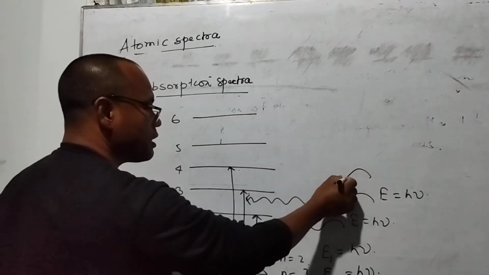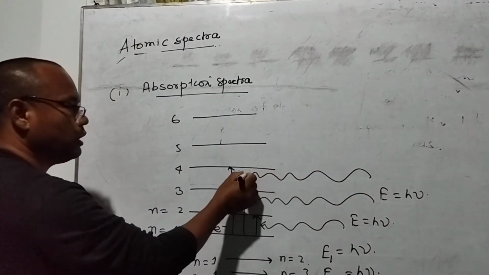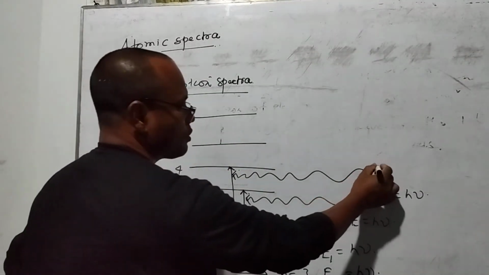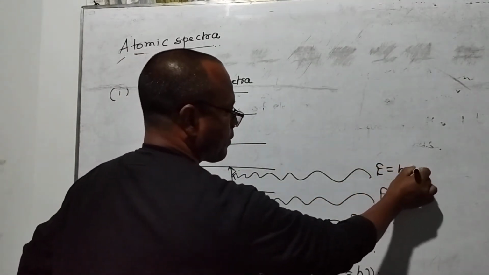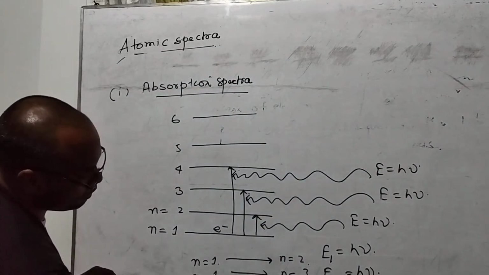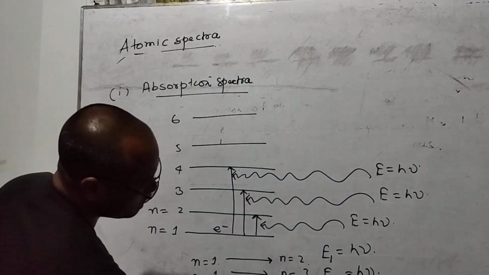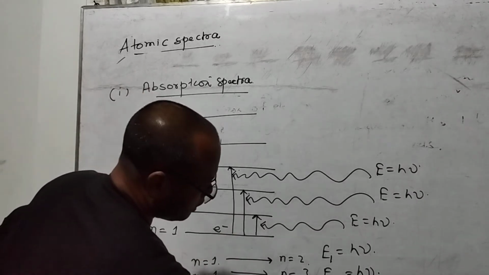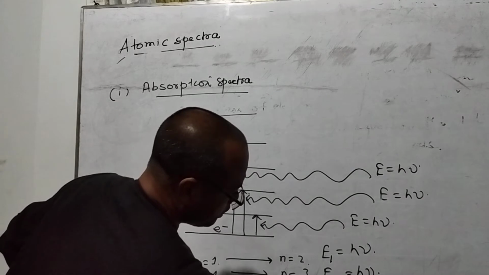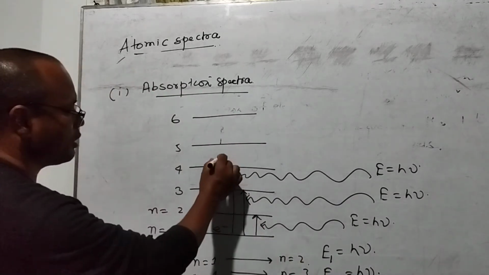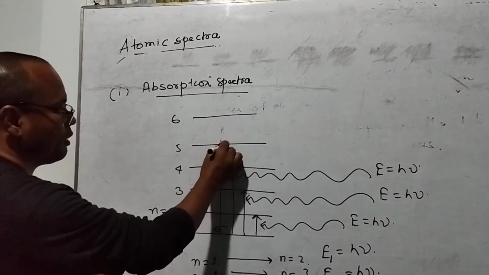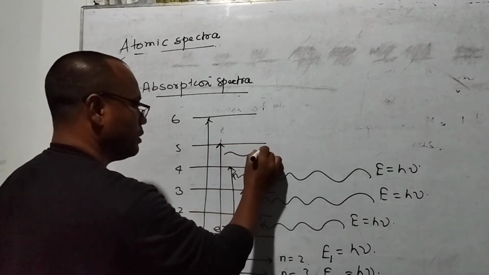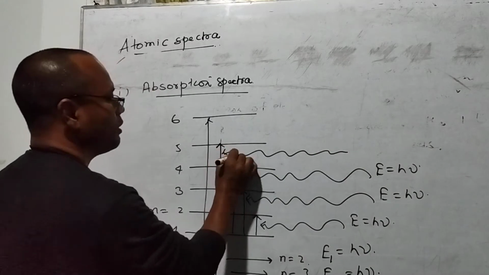For this excitation of the electron, another form of energy is absorbed. Similarly, that is n is equal to 1 to n is equal to 4, and I write here h nu. Similarly it can be written like this, and like this.